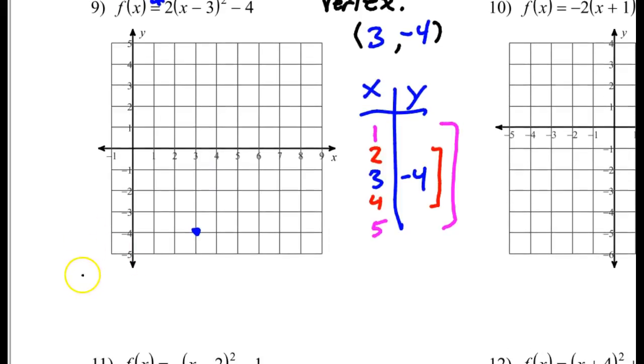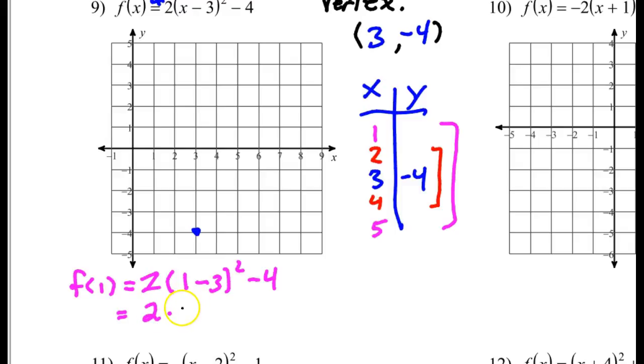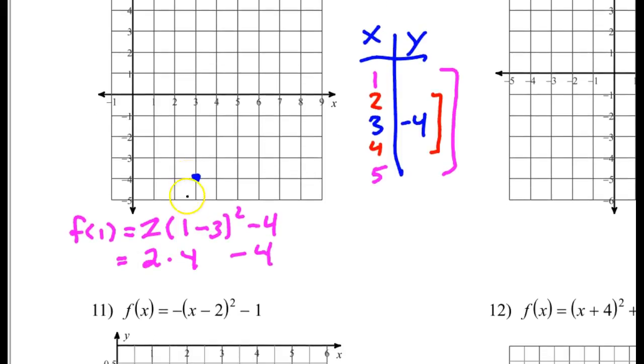So let's plug in 1, which means you're plugging in 1. 1 times 3 squared, minus 4. 2 times 4, minus 4. 1 minus 3 is -2. -2 to the second power is positive 4.